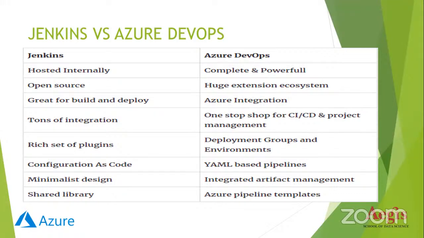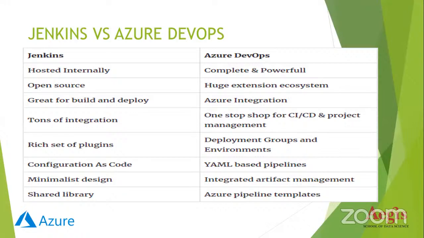Again, one more thing: in Jenkins, if you want to do version controlling, we have to integrate Jenkins with Git. Whereas in Azure DevOps, Git is already integrated, Bitbucket is already integrated, so we don't need to integrate that. Again, for artifacts, we have to integrate other tools like Nexus and JFrog Artifactory with Jenkins.